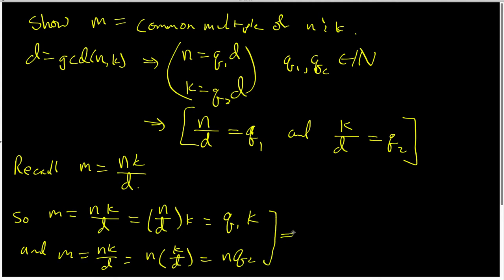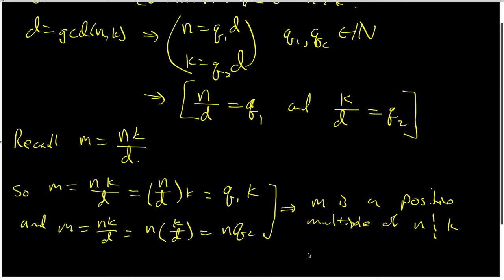And these two facts do say that m is a positive multiple of both n and k. And I know it's positive because q1 and q2 are natural numbers and n and k are natural numbers. So I know that m is a common multiple. So m is a positive common multiple of n and k.